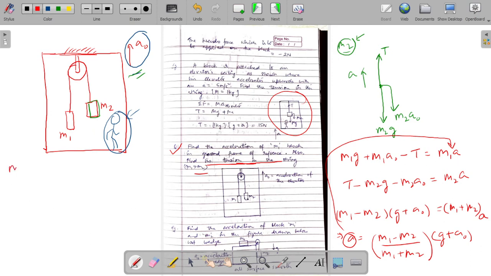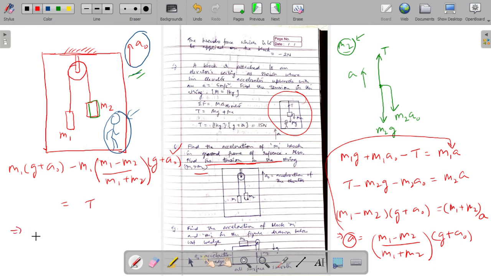So we get m1 into g plus a naught minus m1 into this acceleration which we have just found, that is m1 minus m2 upon m1 plus m2 into g plus a naught, and that should be equal to T.